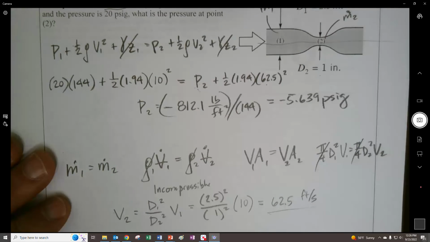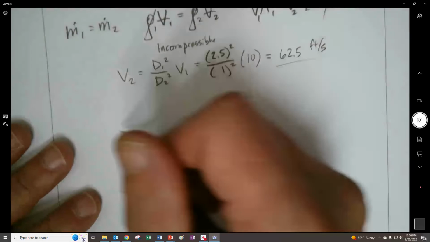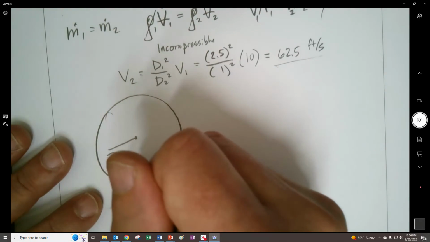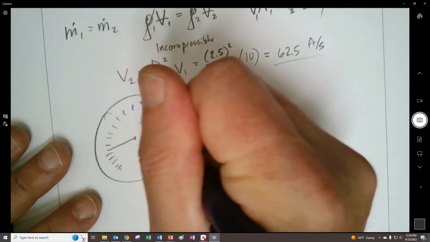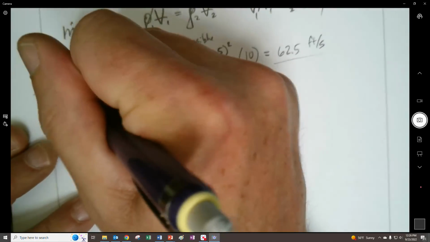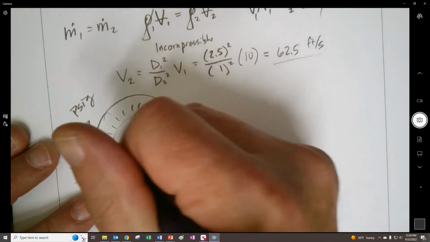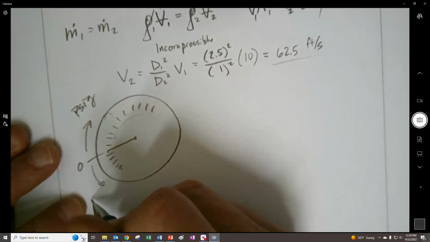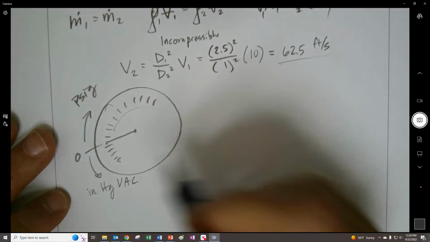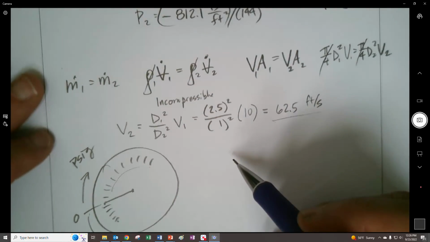Typically what we will do, though, is for most pressure gauges that could possibly be used where vacuum is possible, they'll have this as being 0, and they'll label it PSIG up along here, but in this direction right here, they'll go inches of mercury vacuum, right? So it'll be a positive number instead of having a negative number. So that's just what's typically done.